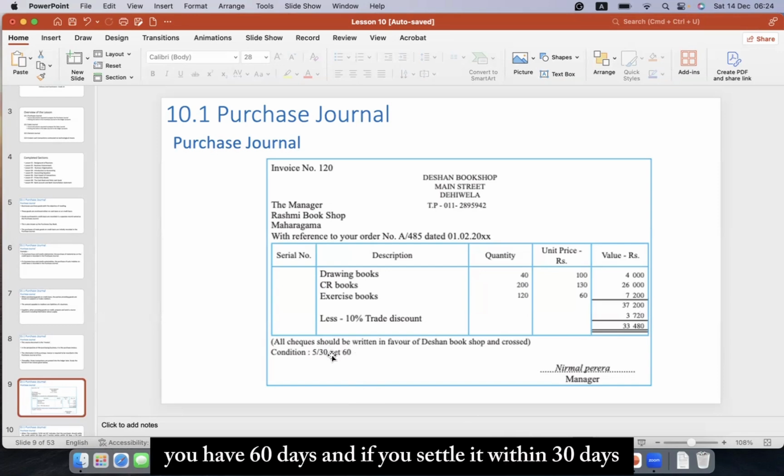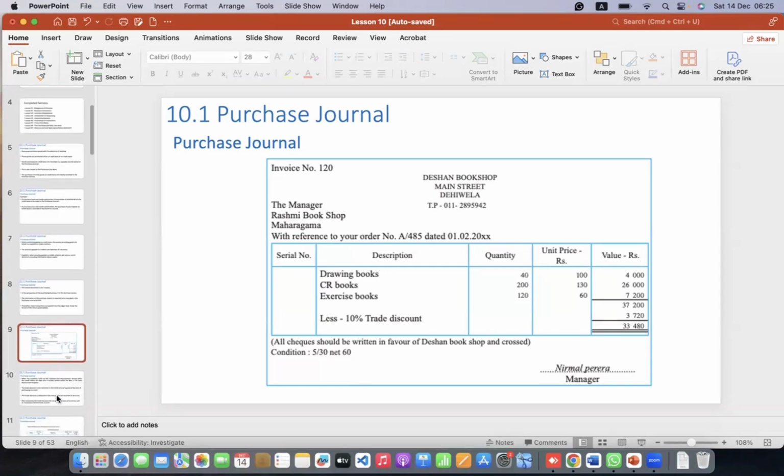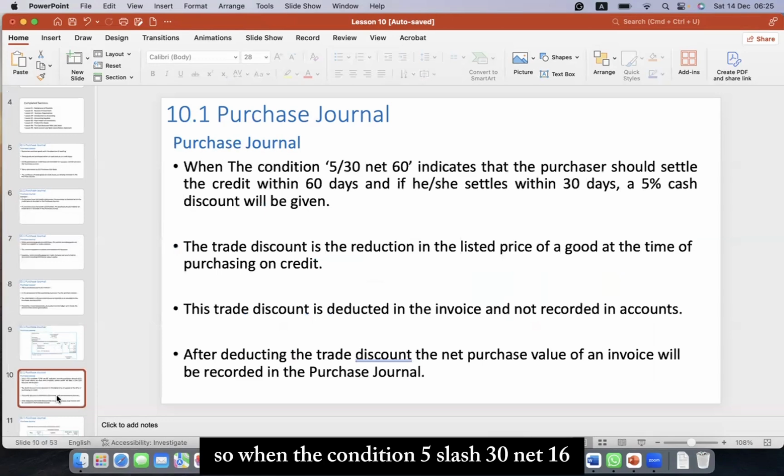And if you settle it within 30 days, you will get a 5% discount. So the condition 5/30 net 60 indicates that the purchaser should settle the credit within 60 days, and if she settles within 30 days, a 5% cash discount will be given.